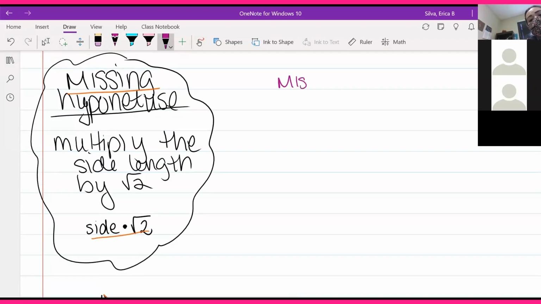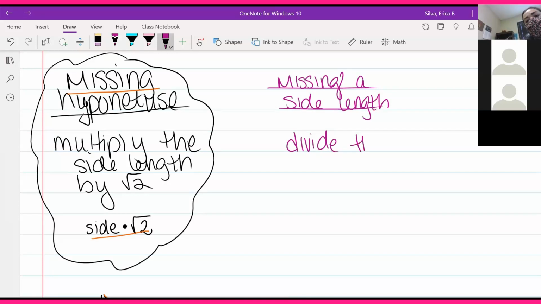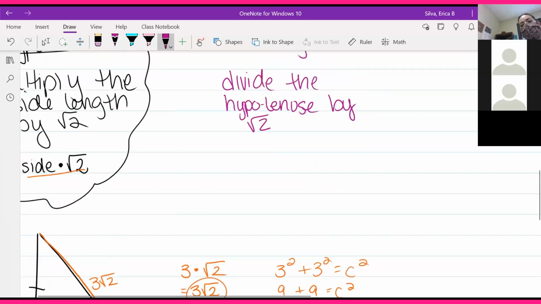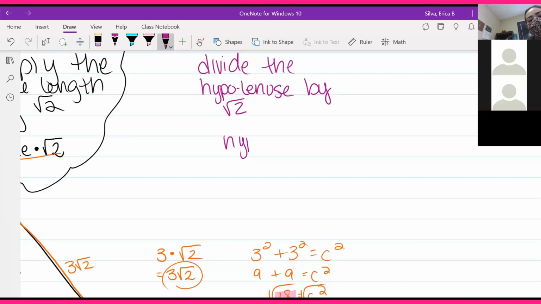If we are missing one of the legs, missing a side length, then we need to divide the hypotenuse by the square root of 2. So that means we have our hypotenuse, and we're going to divide that by the square root of 2.